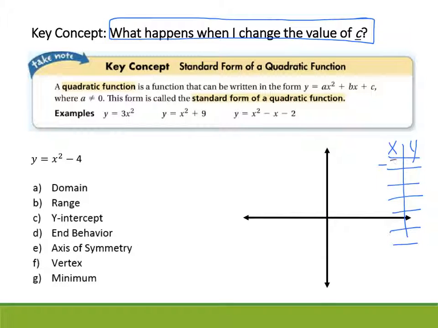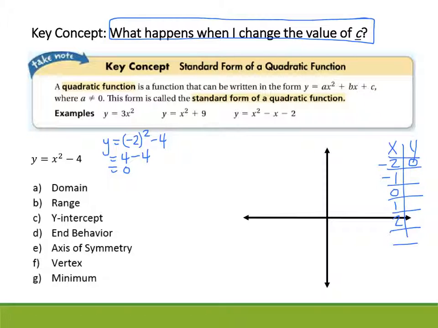So I'm going to again use -2, -1, 0, 1, and 2. And when I put in a -2, y is going to equal -2 squared minus 4. And -2 squared is 4, so that's 4 minus 4, which is 0. So -2, 0 is a point.